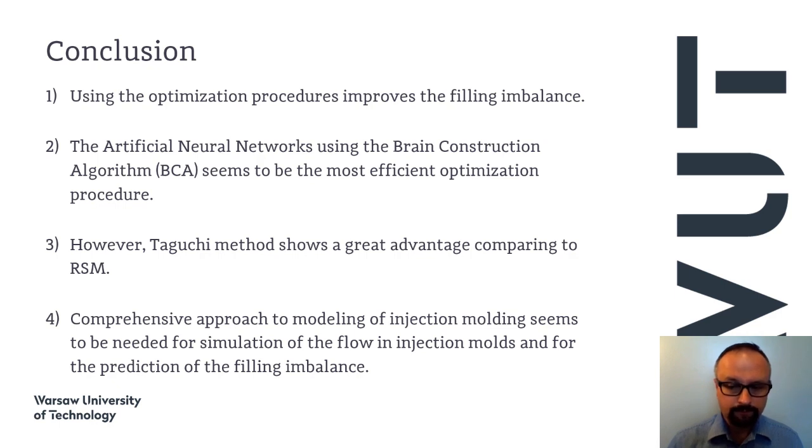Because, like I said before, we only need 16 runs to have a value which is comparable, or in this case even better than the value predicted by this RSM methodology. Which of course is a great advantage of this DOE with Taguchi arrays.